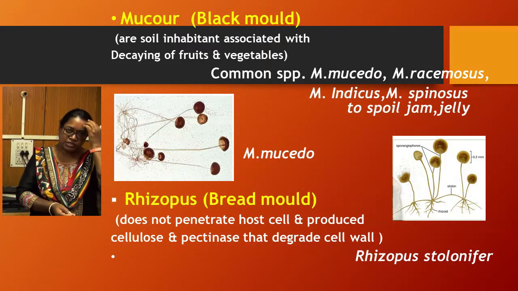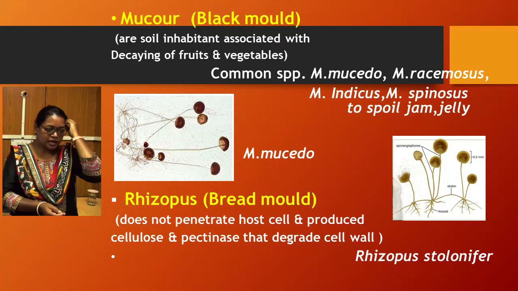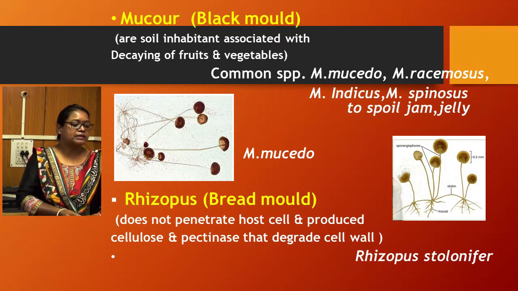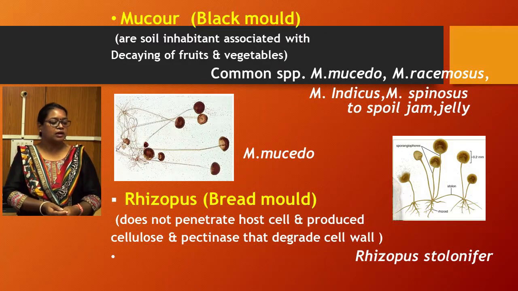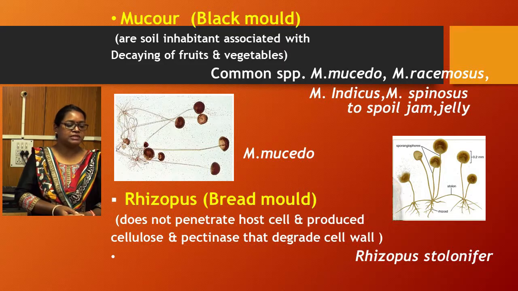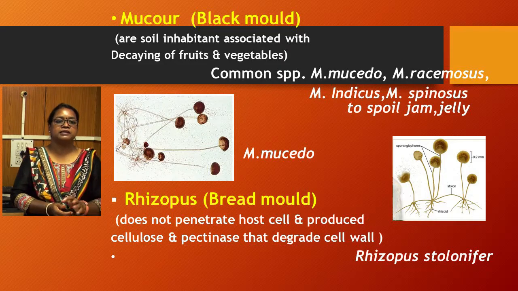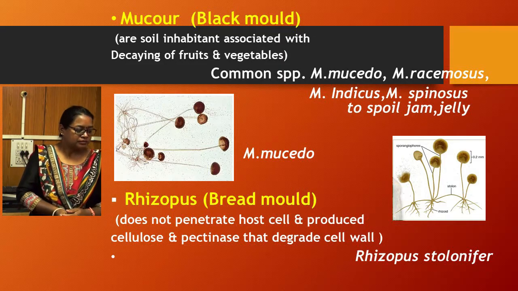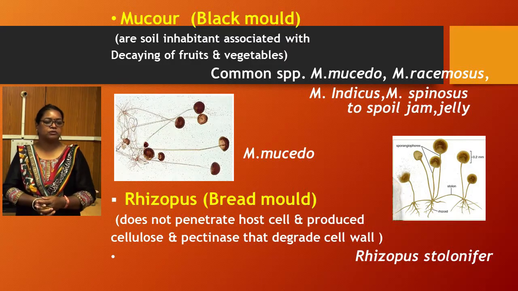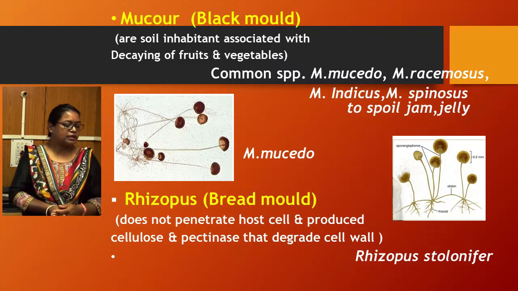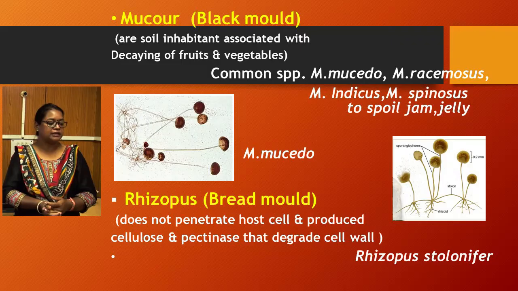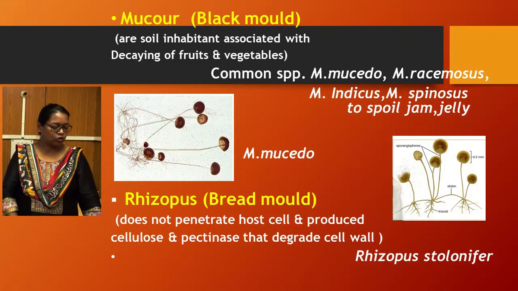Some important species of Mucor are Mucor indicus, Mucor mucedo, Mucor racemosus and Mucor spinosus, known to spoil jam, jelly, pickle and cheese. The second important genus is Rhizopus, also known as bread mold. They do not penetrate the host cell and produce cellulase and pectinase that degrade the cell wall.